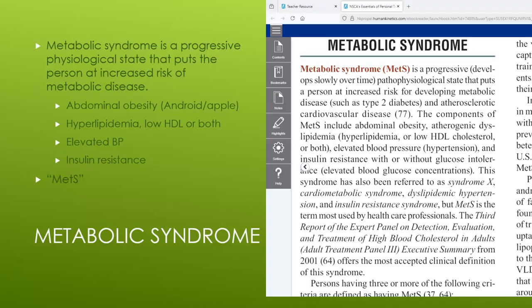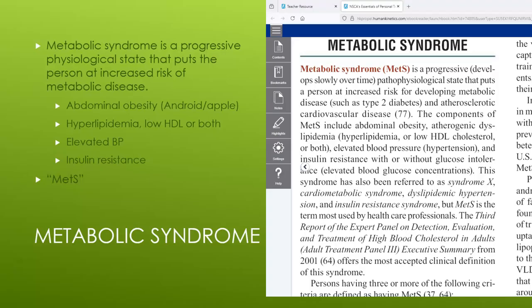But with metabolic syndrome, they talk about metabolic syndrome being a progressive pathophysiological state that puts a person at increased risk for developing metabolic disease such as type 2 diabetes, atherosclerotic cardiovascular disease. If you want to just go ahead and win at Scrabble, use that.